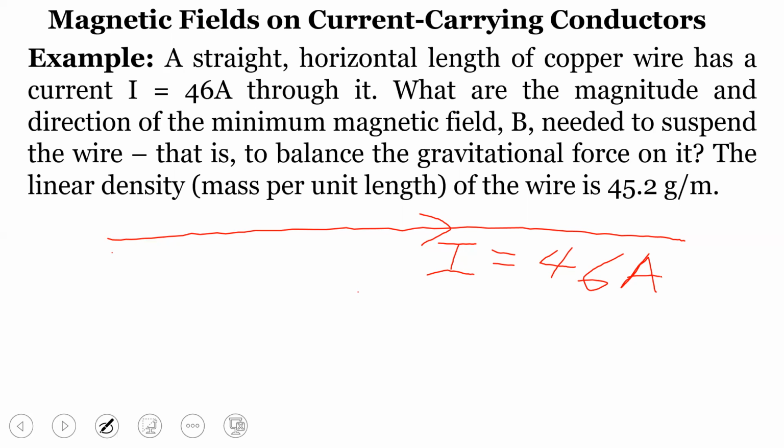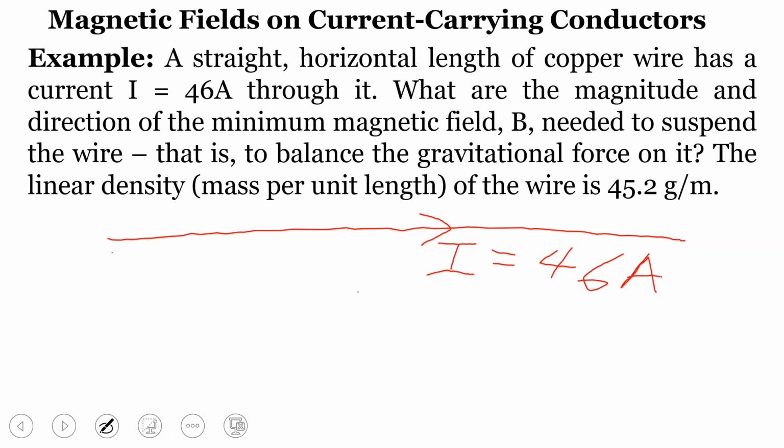So what this is telling us is that a particular length of wire is carrying current, and instead of the wire slipping on the floor, it's now being suspended in the air because of the presence of magnetic field.